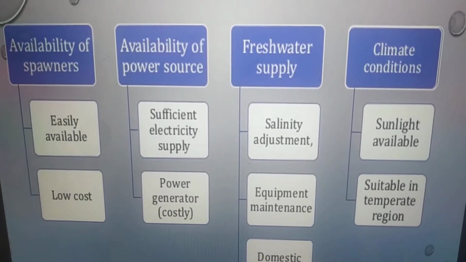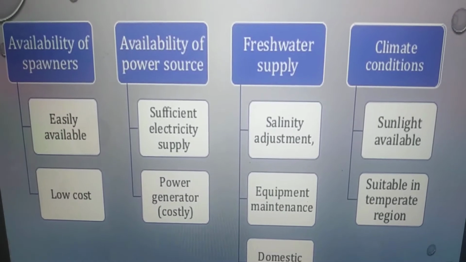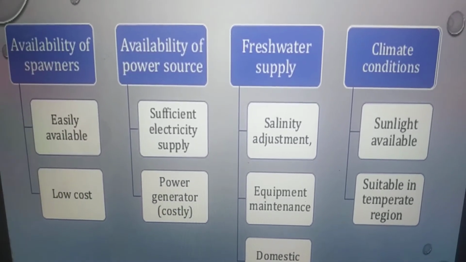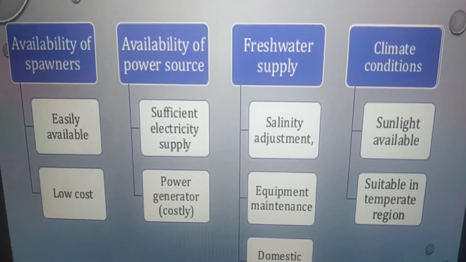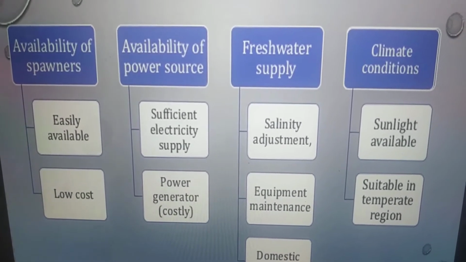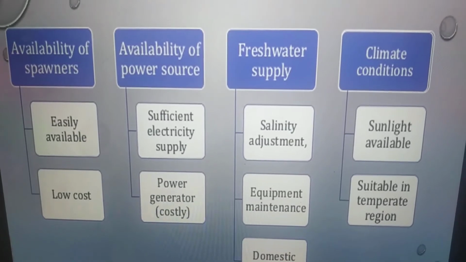For running of the hatchery, aeration is very important. For that electricity is necessary, so sufficient electricity is very much needed.